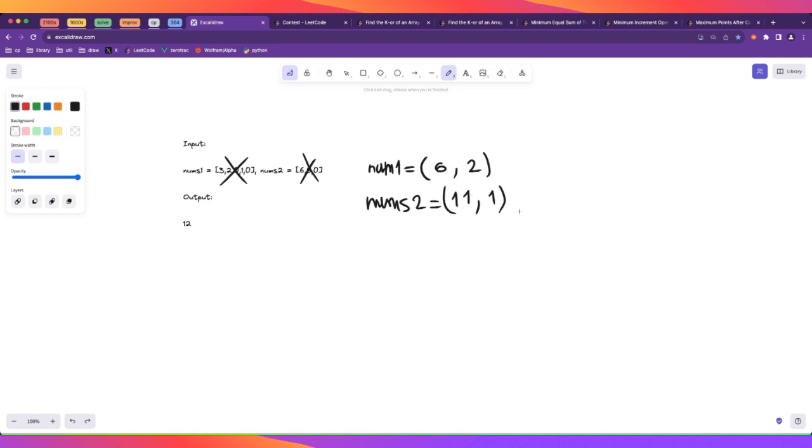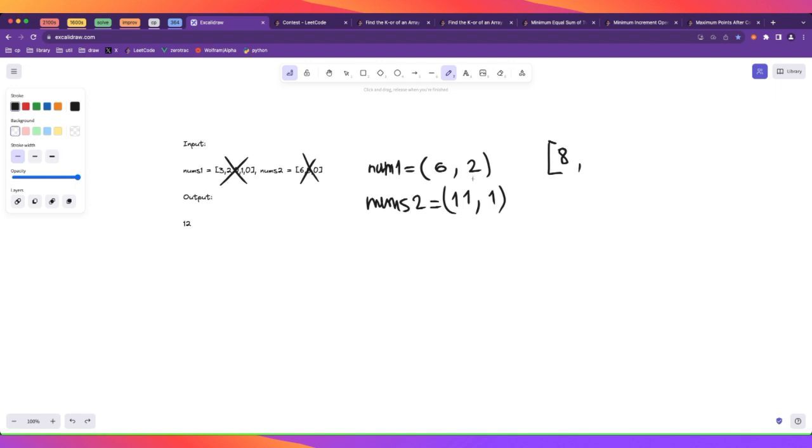Only these two numbers matter. So here, what is the minimum number that you could have? The sum is already 6, but you have 2 zeros, and the zeros can be 1 each at minimum. So the minimum that it could sum to is 8.